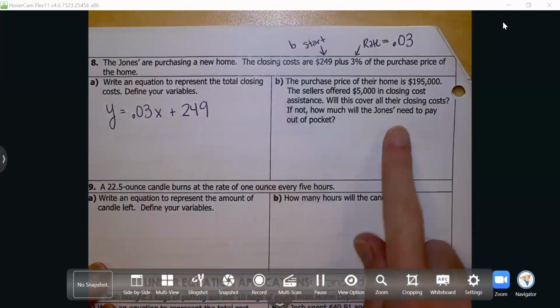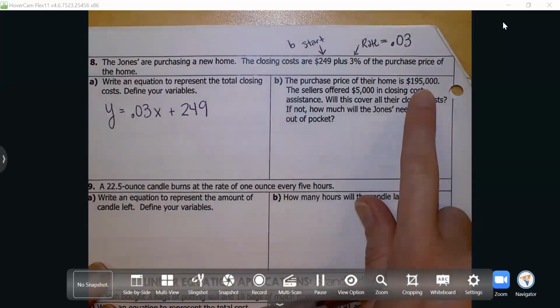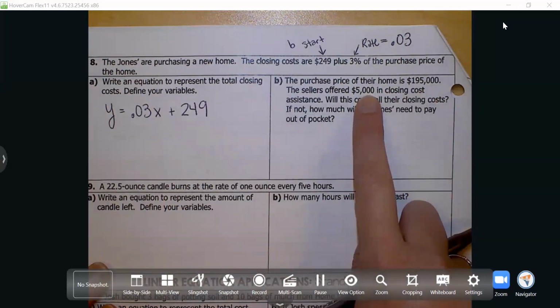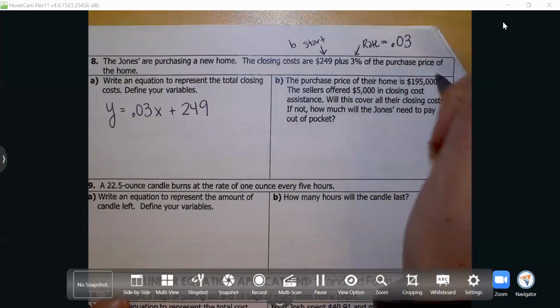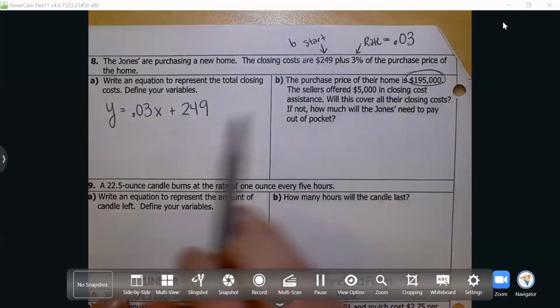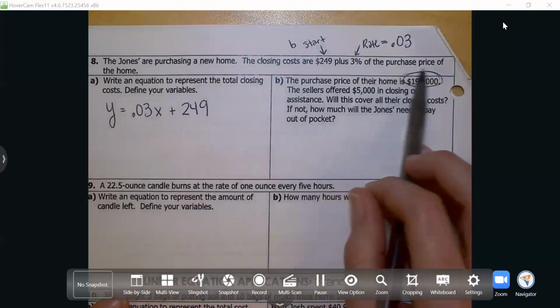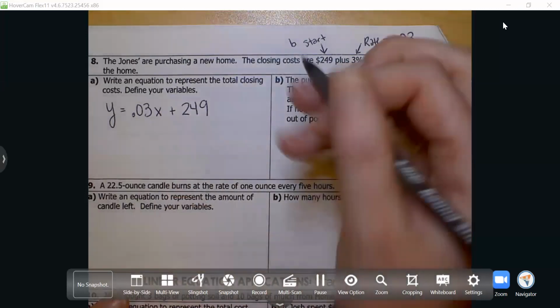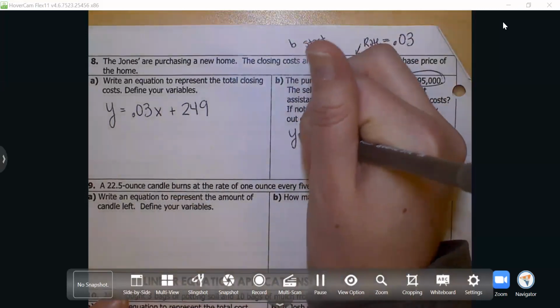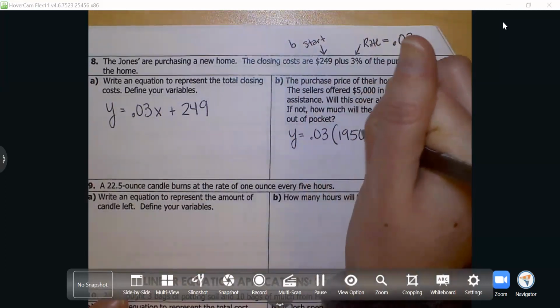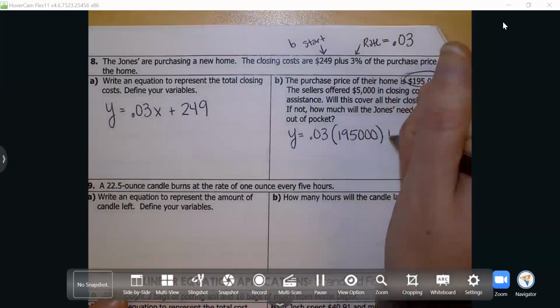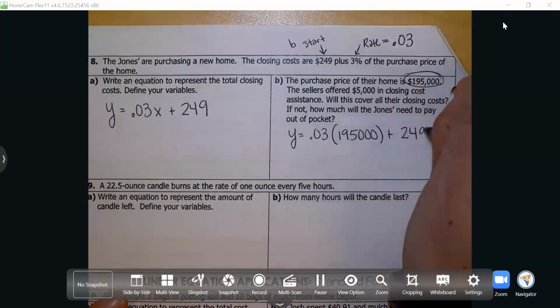The purchase price of their home is this, and the sellers offer $5,000 in closing costs. So will that cover it all? Let's go ahead and plug in the purchase price of the home. 3% of the purchase price is what that is. So I'm going to figure out 0.03 times 195,000 plus 249.